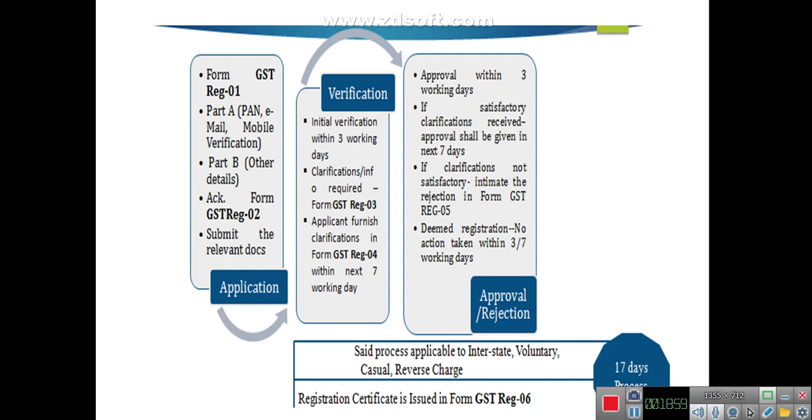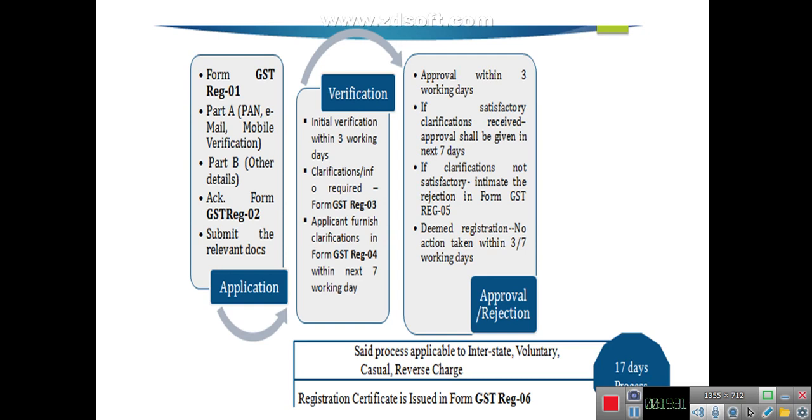The GST authorities will approve within 3 working days. If GST authorities are satisfied with the clarification or information given by the applicant, then approval for registration will be given in the next 7 days. If the clarification is not satisfactory, then rejection will be intimated to the applicant in form REG-5.